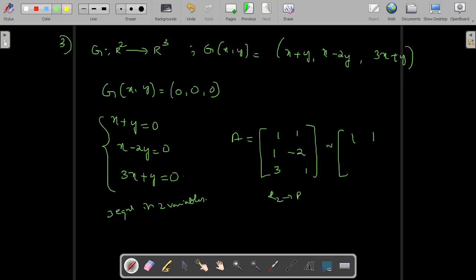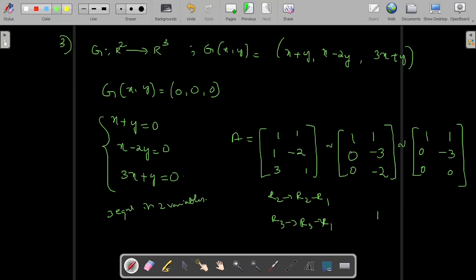R2 changes to R2 minus R1, R3 changes to R3 minus 3 R1. So do that: 1 minus 1 is 0, minus 2 minus 1 is minus 3, 3 minus 3 is 0, 1 minus 3 is minus 2. Now this can be simplified further as rows (1, 1), (0, minus 3), and the last row (0, minus 2).